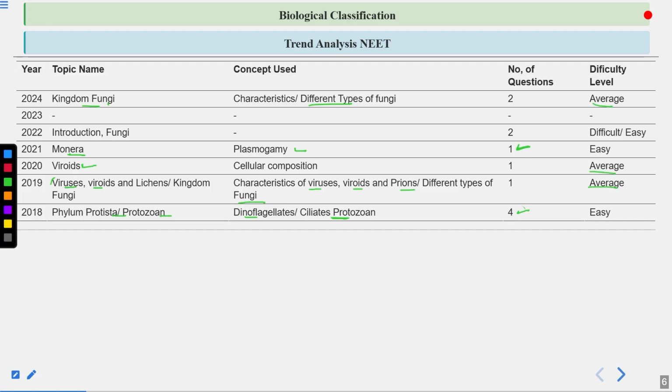Sometimes the questions are quite easy also. When they gave 4 questions, these 4 questions were easy. If they have increased the number of questions, then these questions were very easy. Sometimes some of the questions can be quite difficult, and some can be easy.